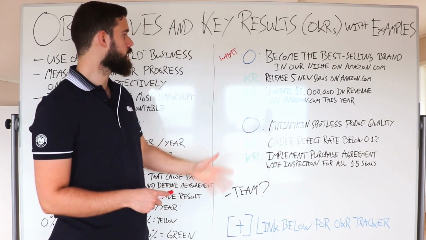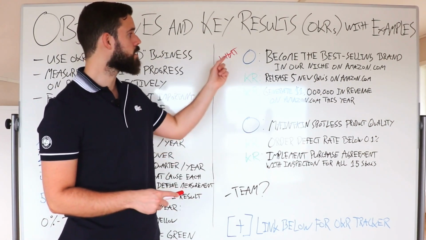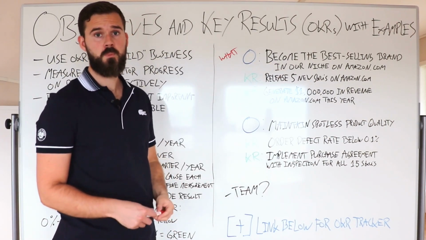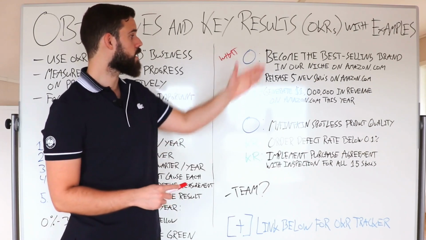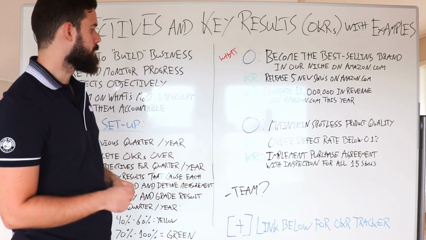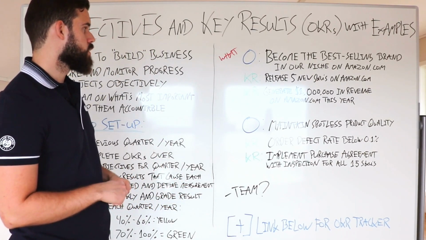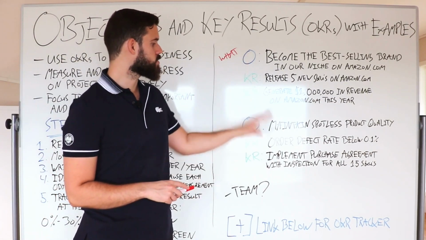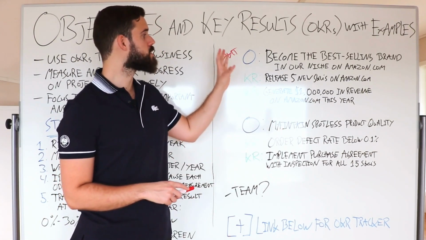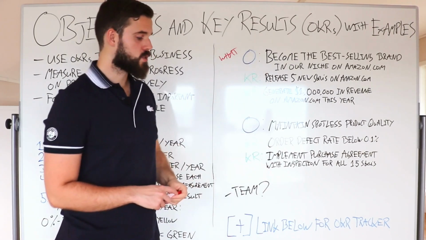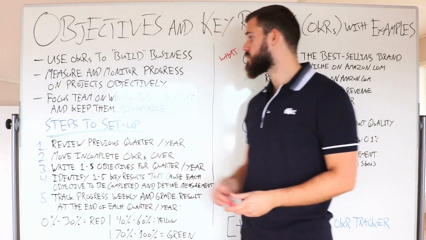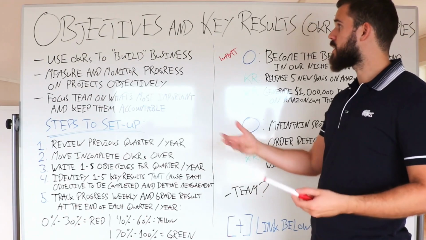So we're setting the yearly OKRs right now. So for the year we want to accomplish this objective. So we've written that out. So let's just start with 1, and I'll show you the other one later, just to keep it simple.